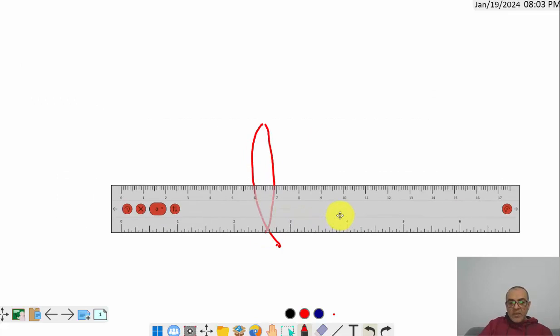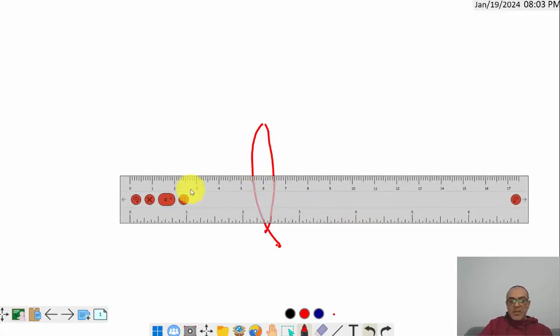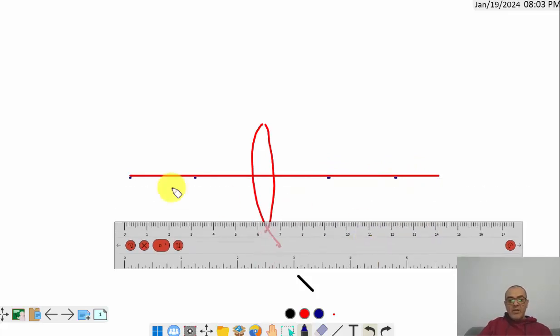The ruler here in the middle, and draw the principal axis, and this one is the center of curvature. Here is the focus, and here another focus. Here as well is the center of curvature.